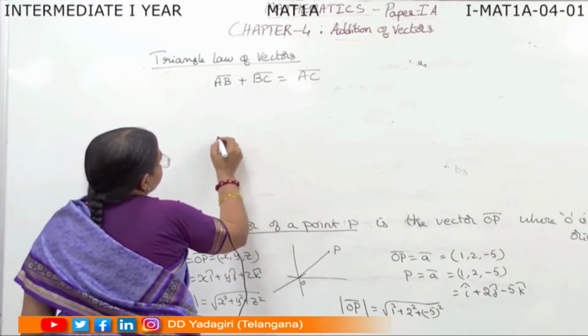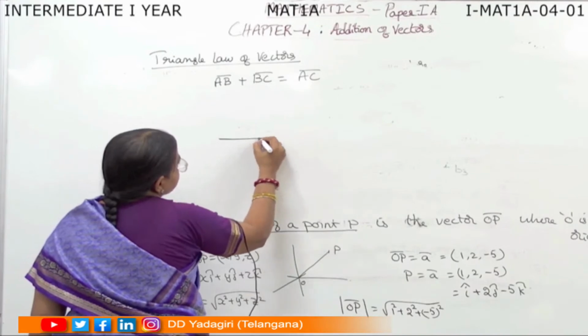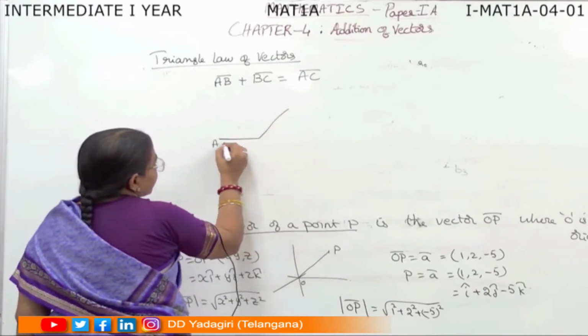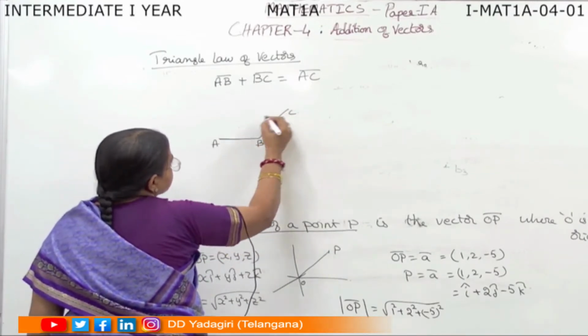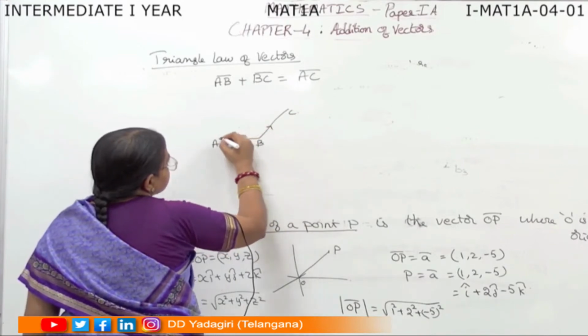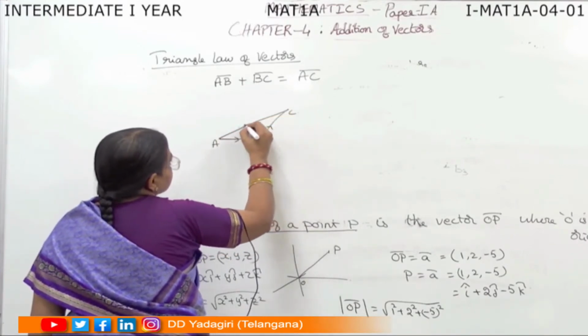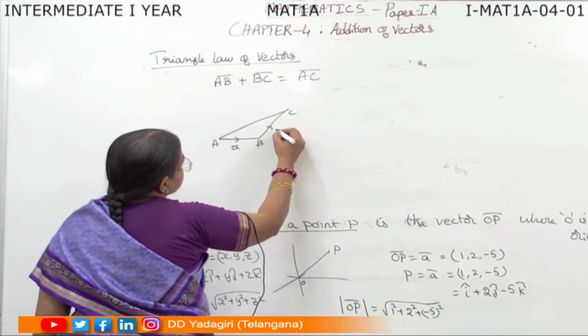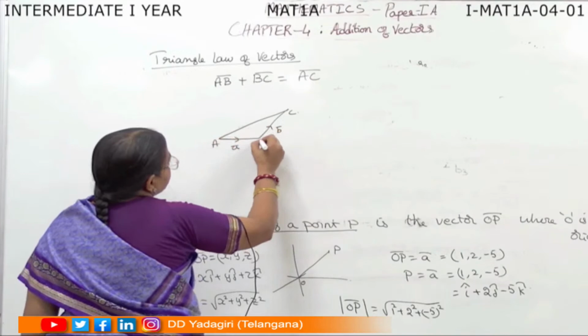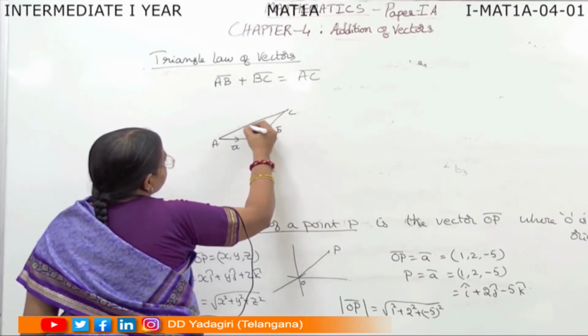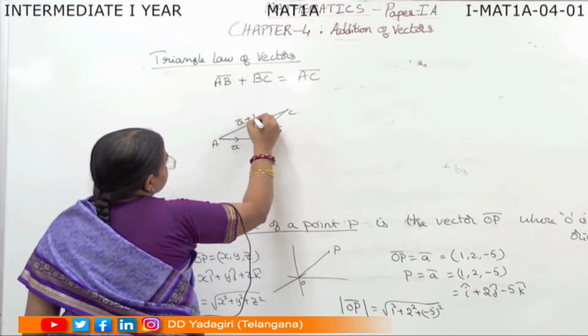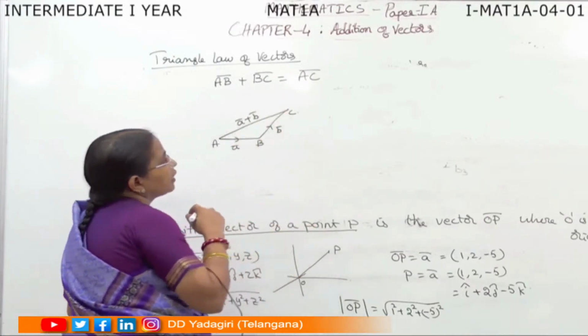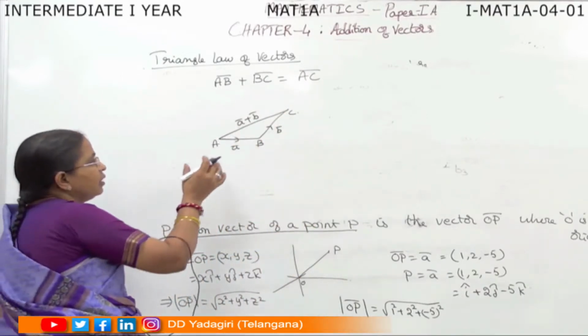Suppose that you have two vectors which represent the sides of a triangle, AB and then BC. So AB plus BC is equal to AC. Suppose AB is equal to A, BC is equal to B, then AB plus BC is equal to A plus B. So this is the triangle law of vectors.